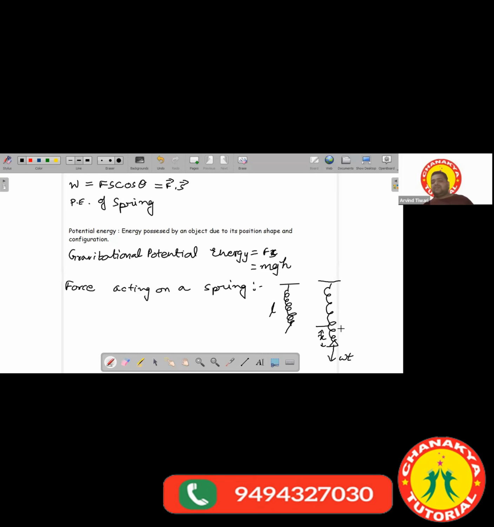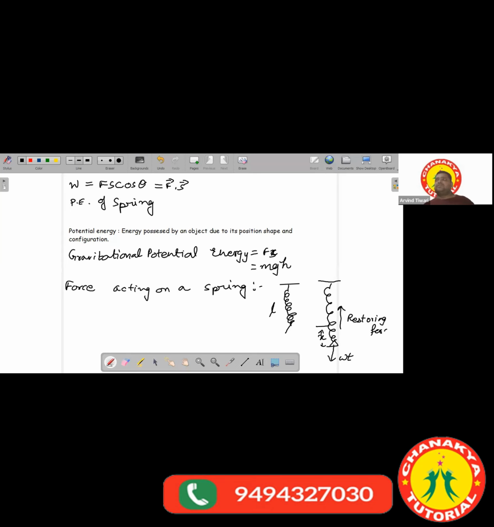As a result, the spring makes the object move up. So here we have two forces acting on the spring: one is the downward weight, the other is the upward restoring force set up in the spring.